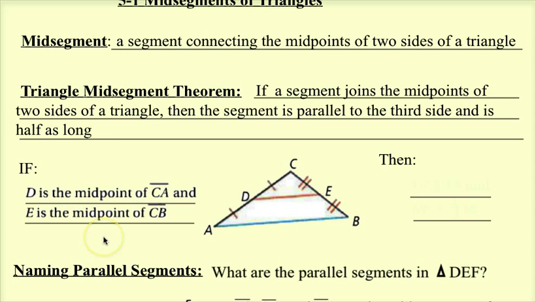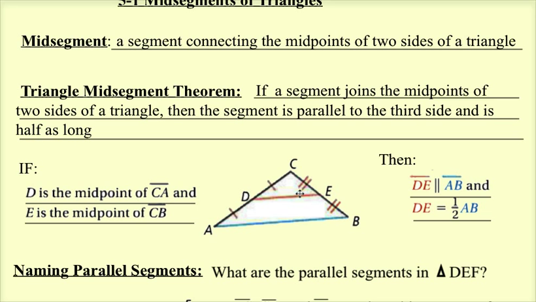So D is the midpoint of CA, as we said, because you can see by the notation, and E is the midpoint of BC. So if that's true, then DE is parallel to AB, and DE is half of AB. So whatever AB is, if AB was 20 inches, then DE is going to be half of that, 10 inches.